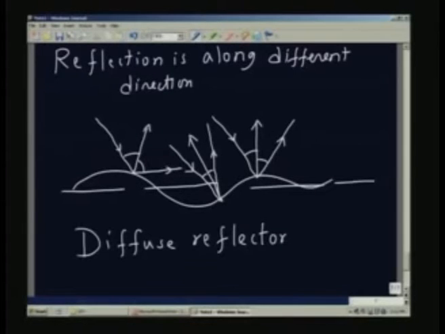Of course, it is a 3-dimensional surface, I am just drawing a cross section. It means it is going to happen in all directions. Whichever cross section you take of the surface, there will be undulation, and therefore, if a beam of light is falling at a particular angle, it will be redistributed into all the different angles possible, and we say such a reflector is a diffuse reflector.